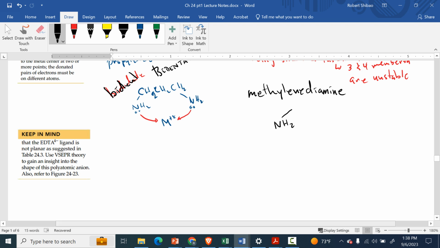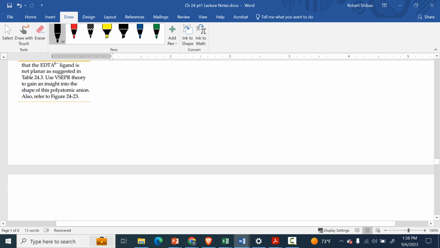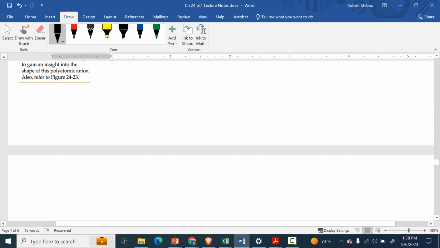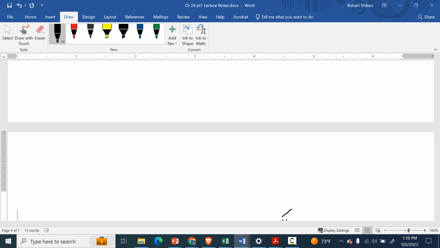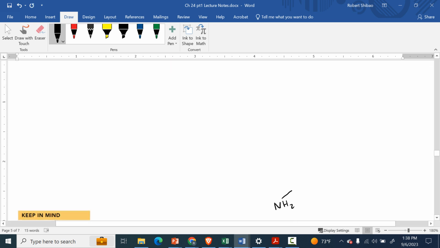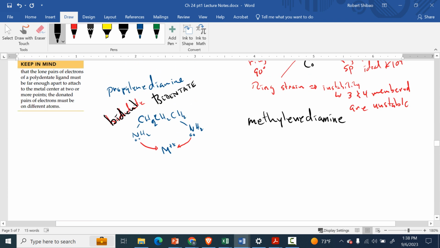So for example, let me show you an amine over here. Amines are the organic, weak organic bases that are similar to ammonia.